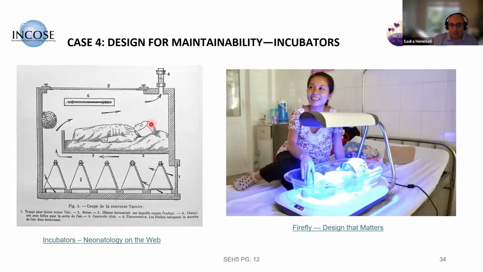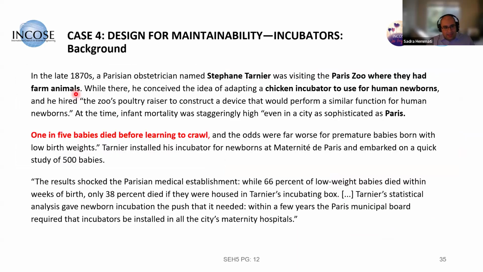Case 4 is about design for maintainability, incubators. And I'd recommend looking at this webpage, Design That Matters. It was interesting for me to look at it. So here we go. In the late 1870s, in Paris, someone called Stéphane Tarnier.